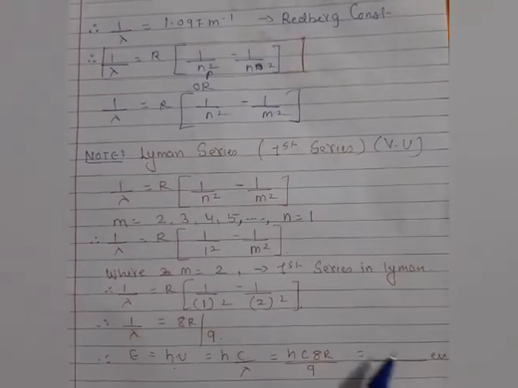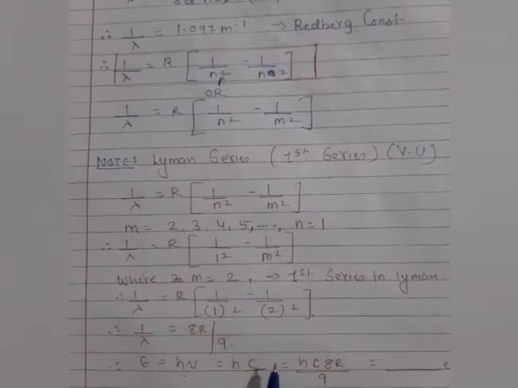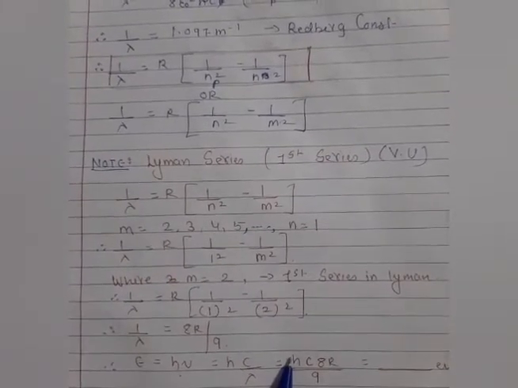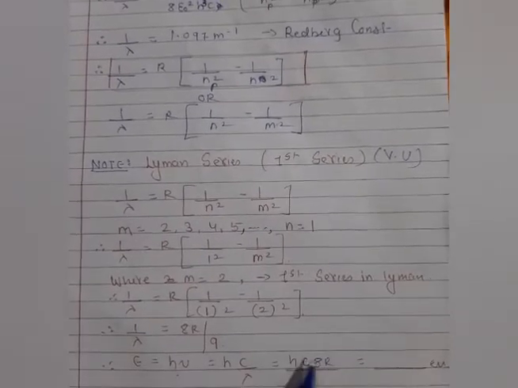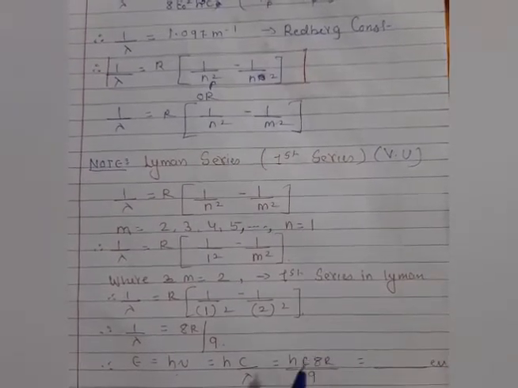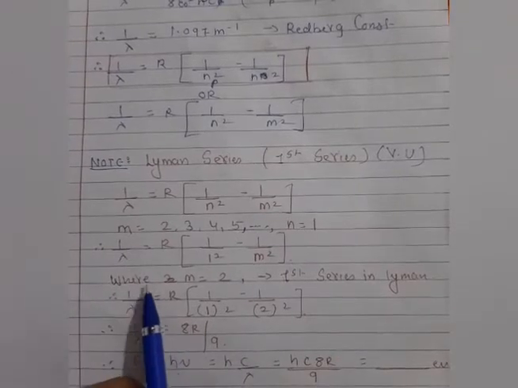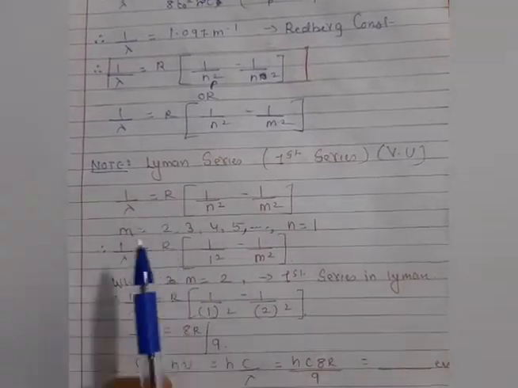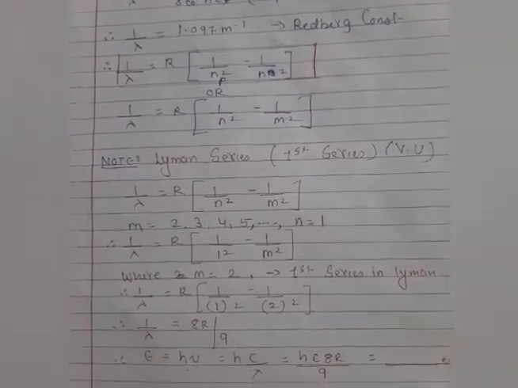In this way, we can find out the energy of the Lyman series. Clear? I hope this is very clear. Or in this way also we can find out the wavelength of the first series of the Lyman. We can go for all these conditions with the help of numericals.